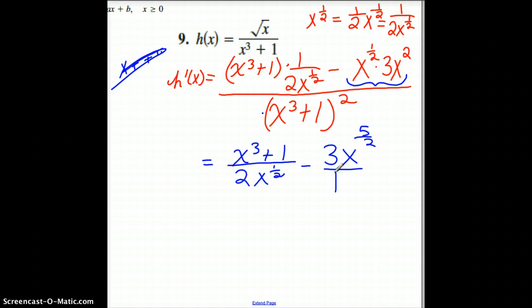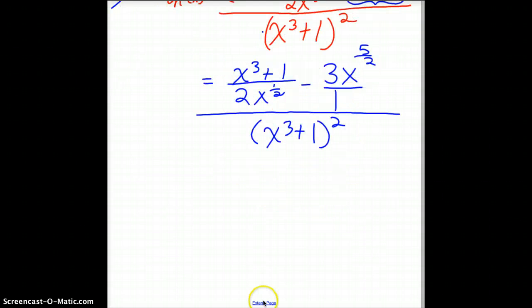So if your cleanup went bad, it's probably because you didn't realize that the top there with the complex fraction requires me to get a common denominator when I clean it up. So what I'm going to do on the top is my common denominator is the product of these two.